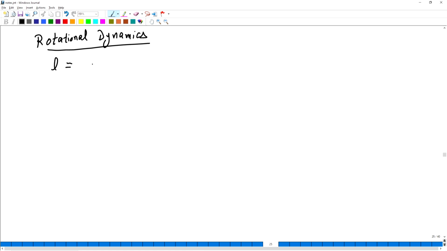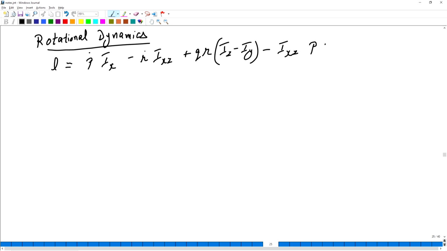Rolling moment L equals to p dot Ix minus r dot Ixz plus qr into Iz minus Iy, minus Ixz into p into q. I am writing M for the pitching moment about the y axis; I am not writing y just to make it different from the mass so that you do not get confused.